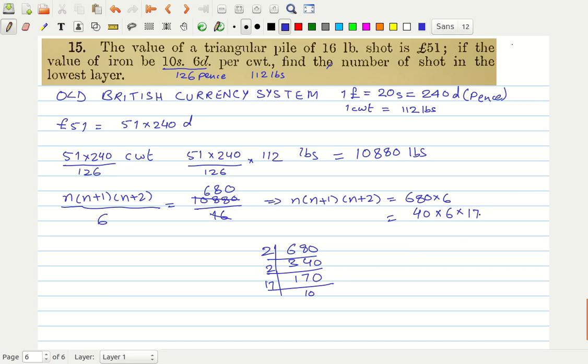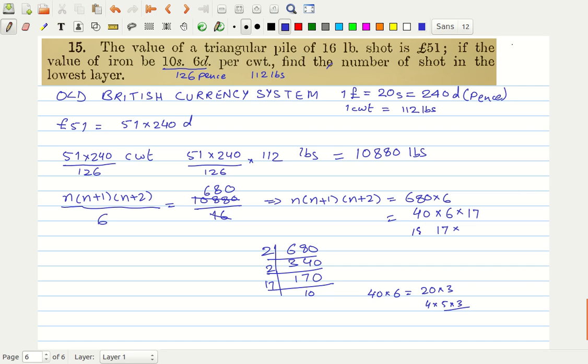Because 17 is a prime number, one of the numbers has to be 17. So 40 times 6 can be written as 20 times 3, or you can write it as 4 times 5 times 3, which is 15, and 4 times 6 is 24.